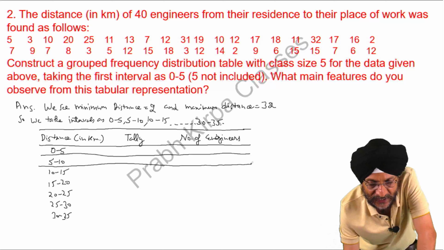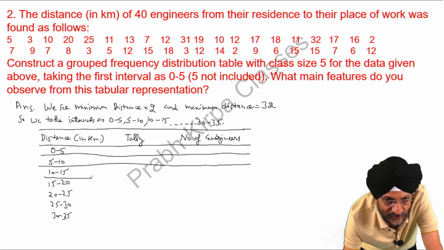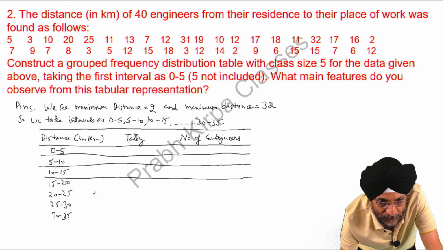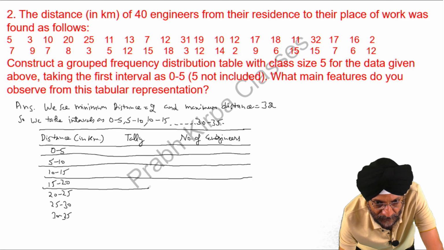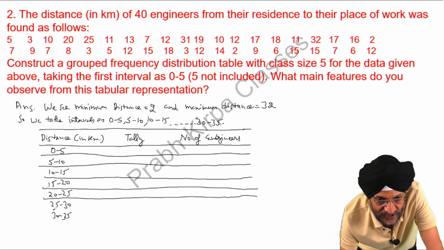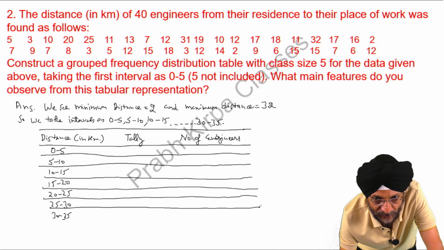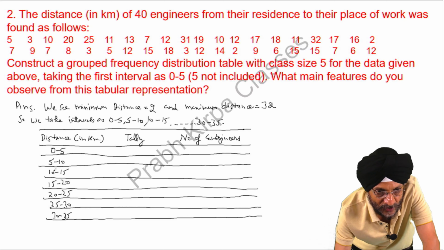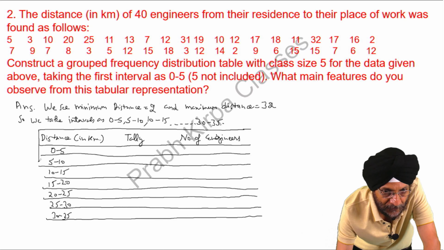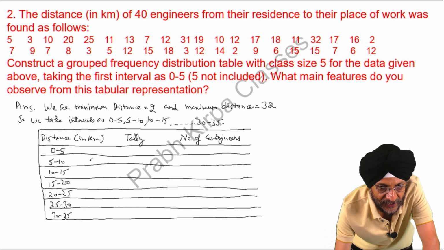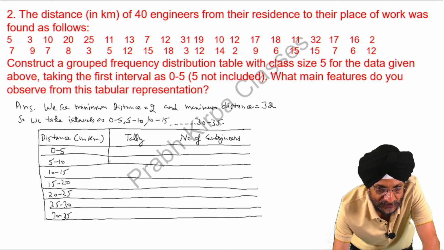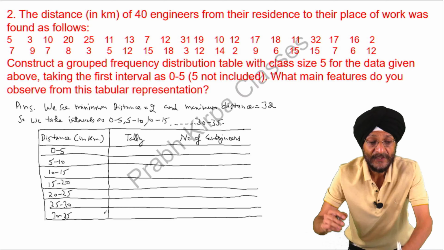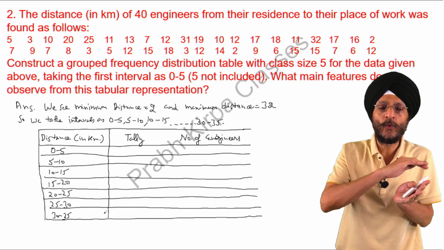We will have to add these lines, because if we do not mark these lines, the tally marks may merge with each other and we will not be able to arrive at a particular conclusion. So here we have formed the intervals, that is, the distance which the engineers have to travel.